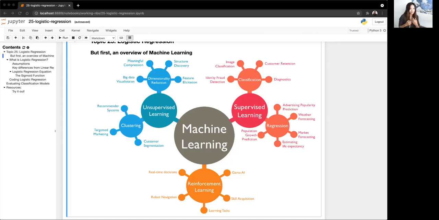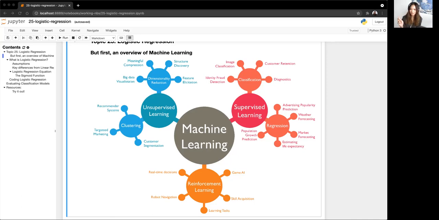So let's say you have a lot of transaction data from customers, and you want to group them into 5 different groups so you can decide how to best market to these subgroups. That would be an example of clustering, and we'll hit that at the start of phase 4.